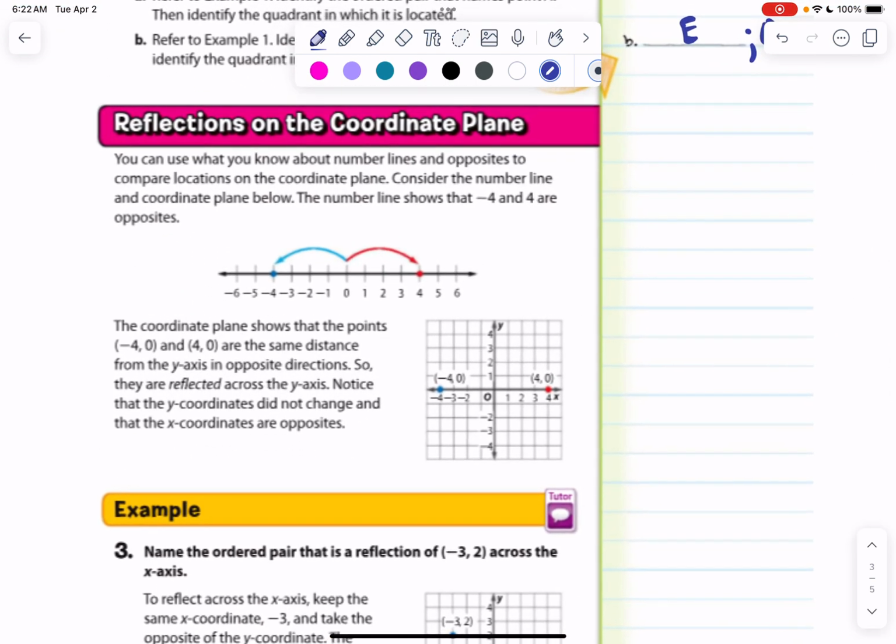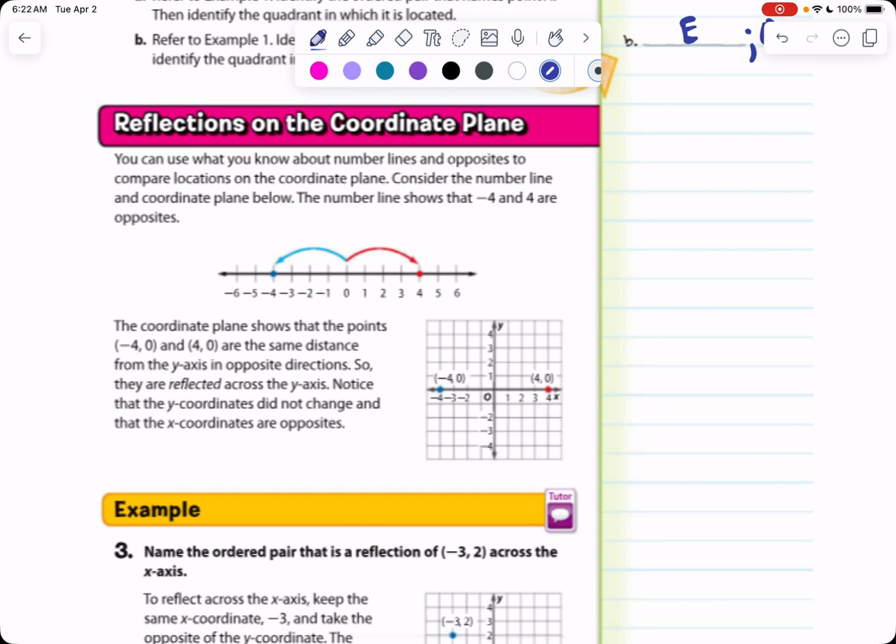You can use what you know about number lines and opposites to compare locations on the coordinate plane. Consider the number line and coordinate plane below. The number line shows that -4 and 4 are opposites. The coordinate plane shows that the points -4, 0 and 4, 0 are the same distance from the y-axis in opposite directions.